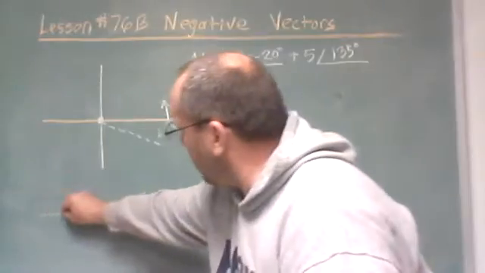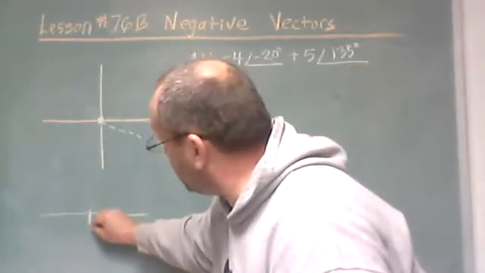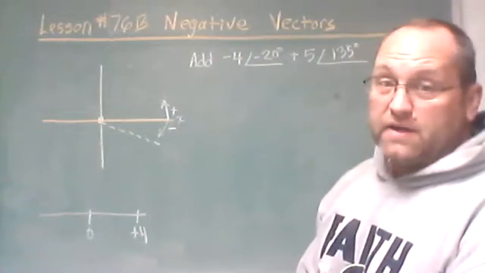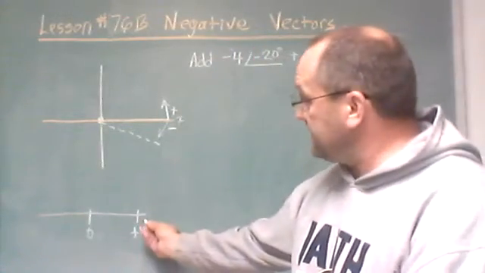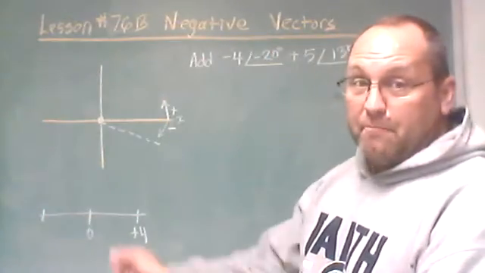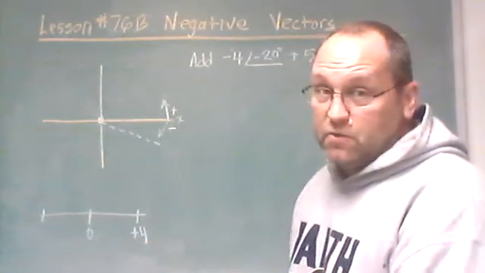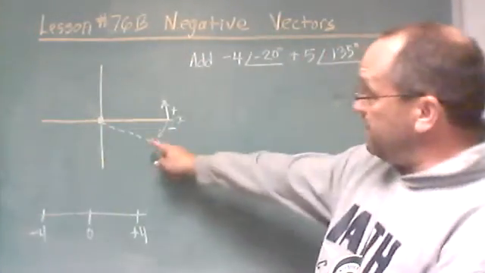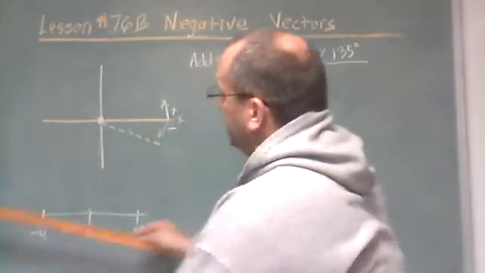If we have a number line, this is our origin. If this is +4, where does -4 lie? It lies 180 degrees opposite on the number line, but the same distance away from the origin, 4 units. It's the same concept with vectors.